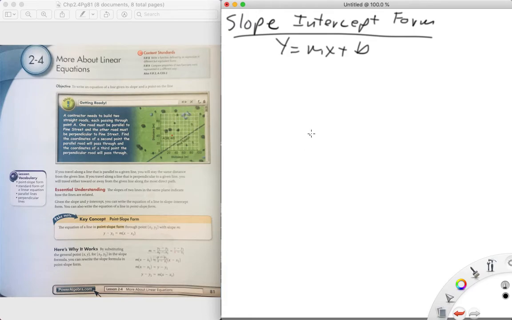There are going to be two forms that we're going to discuss in this one, and the first of the two is point slope. The reason they call this slope-intercept is because I have a slope and I have the y-intercept.